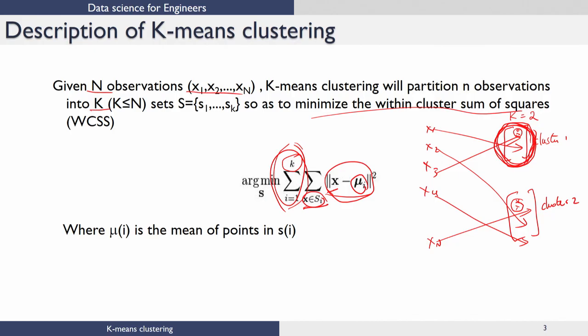So, this is how you define this objective. This is the objective function that is being optimized, and as we have been mentioning before, this mu i is the mean of all the points in set Si.